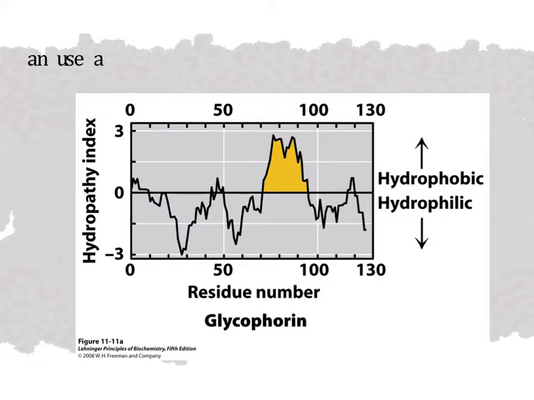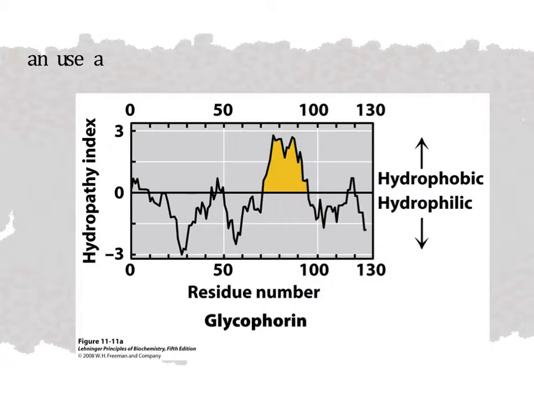A positive number means it's hydrophobic, a negative number means it's hydrophilic. So if you look at glycophorin, there is no zero, but amino acid number 1, and they plot it all the way through to 128 or whatever the last number is. And lo and behold, we see one whole section that's very hydrophobic.